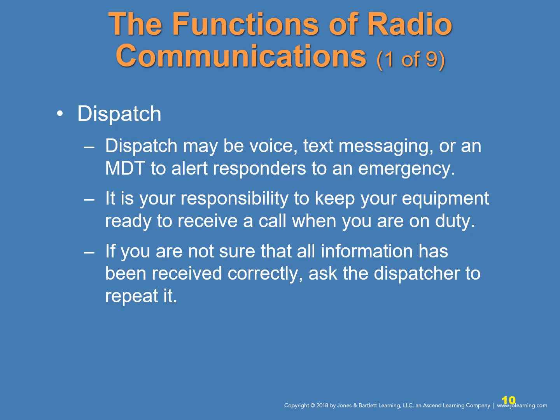Dispatch. Dispatch may use voice, text messaging, or an MDT to alert responders to an emergency. It's going to be your responsibility to keep your equipment ready to receive a call whenever you are on duty. If you are not sure that all information has been received correctly, ask the dispatcher to repeat it.